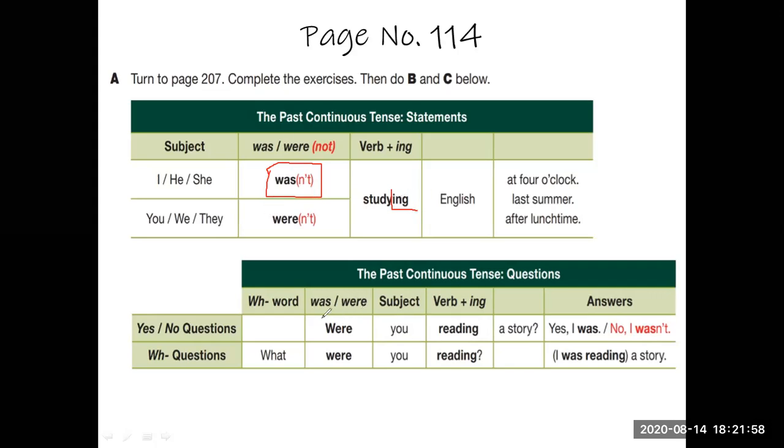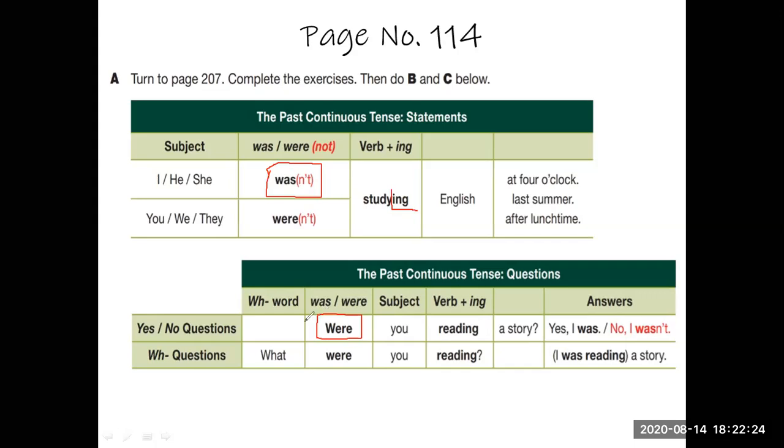If you are going to make questions, you have to use the verb to be at the beginning, in the past, could be was or were, then the subject, then the verb with ing. As you see, the same rules that we use with the present continuous.